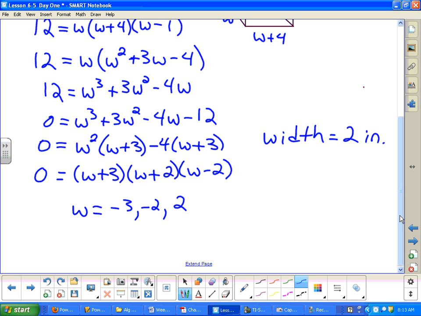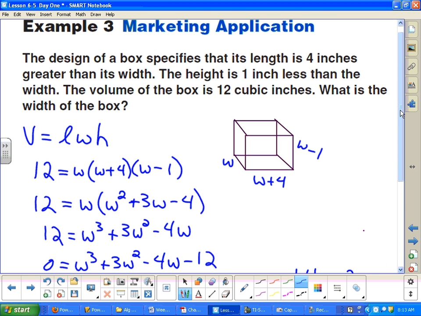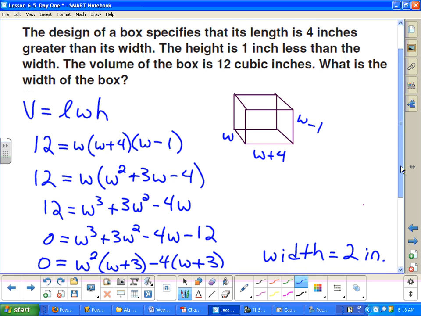So here's a problem where they're talking about the volume of a box. I have to use my formula for volume, what I know about the volume of a box, plug in the information that they give me, and then it's just a matter of solving it.